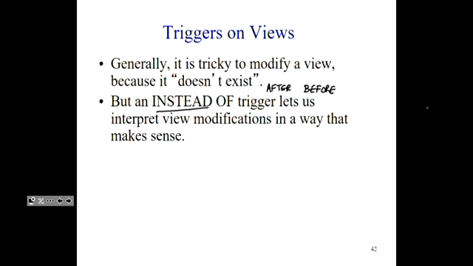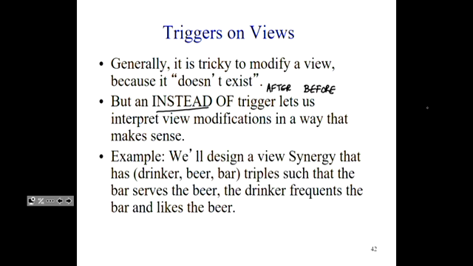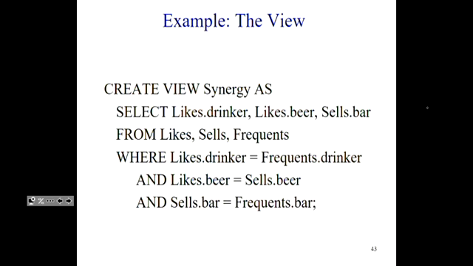Okay, so let's say I have a view. This view was called Synergy. Synergy is trying to record the drinker, beer, bar triples such that the bar serves the beer, the drinker frequents the bar, and the drinker likes the beer. There are three relations here: likes, sells, and frequents.